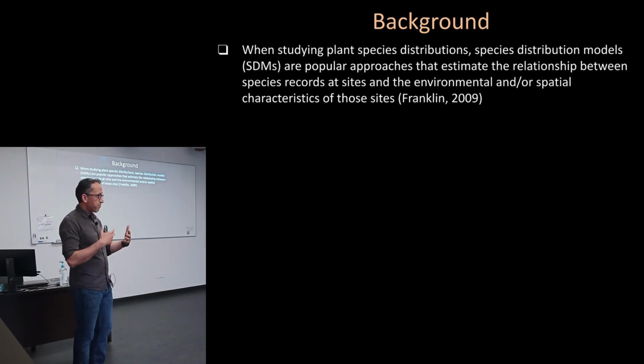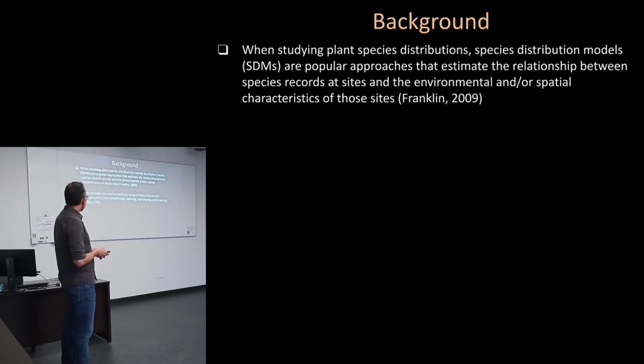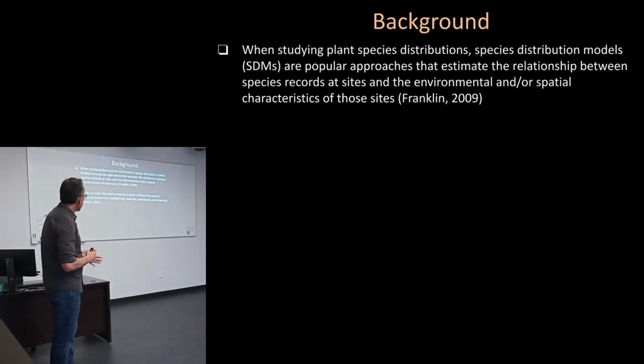This type of approach is trying to figure out which factors are the most important, that actually allow the dispersion of a particular plant species or organism. Species distribution models consider the environment as a series of filters that prevent unsuited plants from establishing, maturing, reproducing, and dispersing, but they also give us a sense of the suitability of the environment to host a particular species.